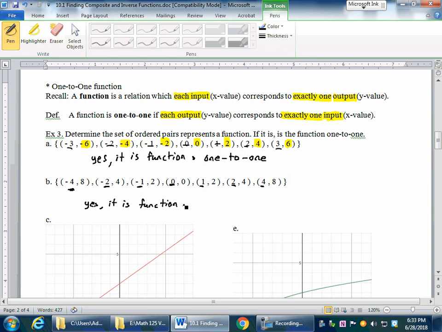Now we want to check whether it is a one-to-one function, which is checking the other way around. All my y values must correspond to exactly one x. Now, it already fails right here. -8, my y is 8, but we have two different x values. So therefore, this is not one-to-one.